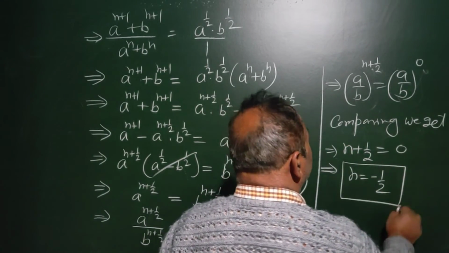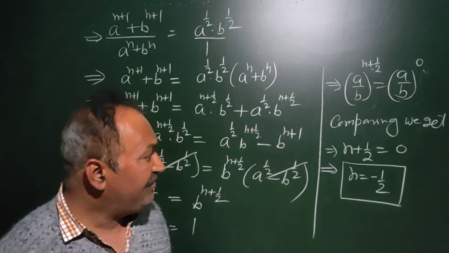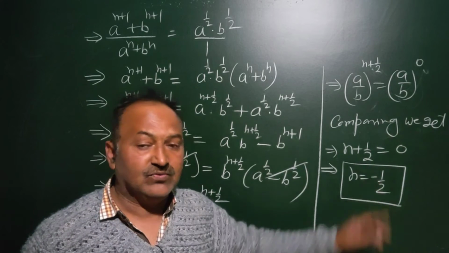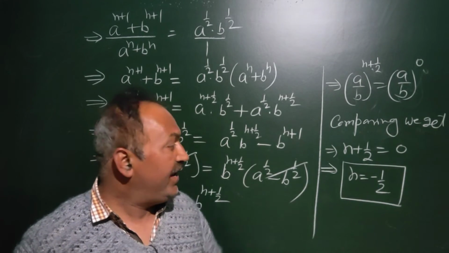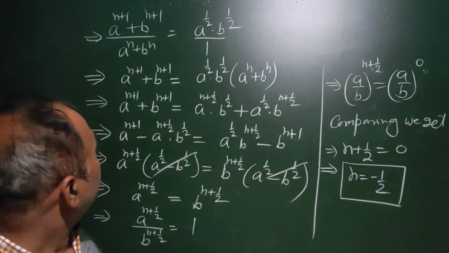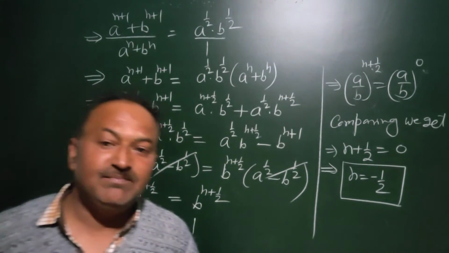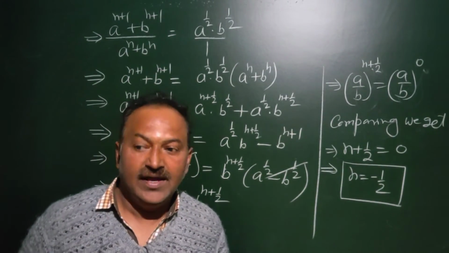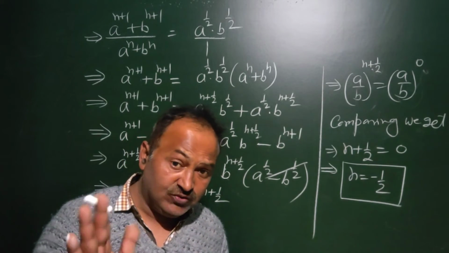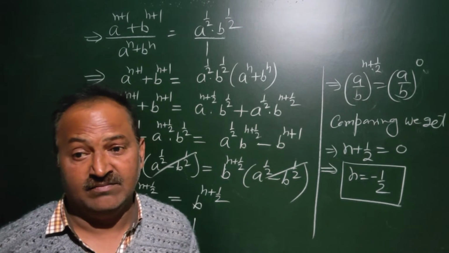This is the answer of this question, that the value of n will be equal to minus 1 upon 2. Hence, this is the value of n for which (a^(n+1) + b^(n+1)) / (a^n + b^n) is the geometrical mean between a and b.